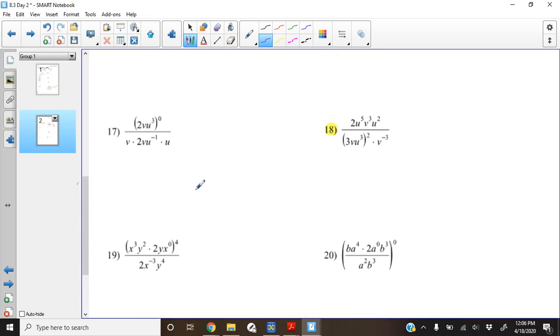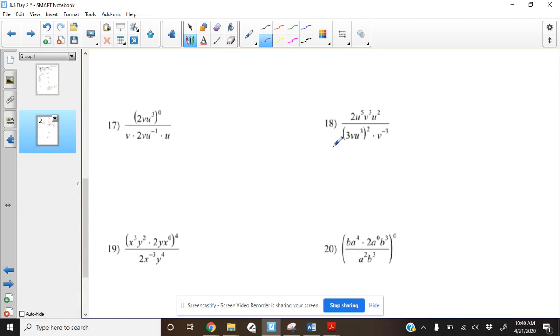And then this is the last problem we're going to be doing together. First thing we want to do is the parentheses. So here we have everything in this parentheses is being squared. So that becomes 3 squared, v squared, and then u, multiply those exponents, u to the 6th.